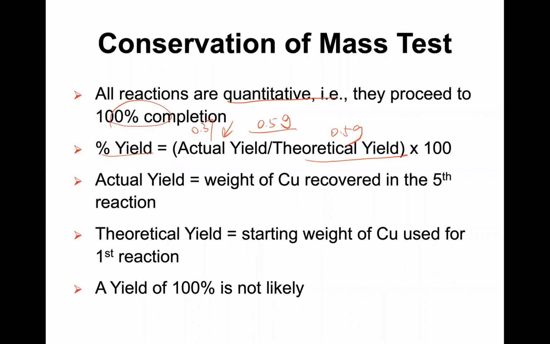That is the actual yield, how much you recover at the fifth step reaction. And a 100% yield never happens. As I showed you, every step when you transfer the mass, more or less you will lose something. Particularly when you do the filtration, you will have something remain, or maybe not completely transfer from the flask or from the funnel.